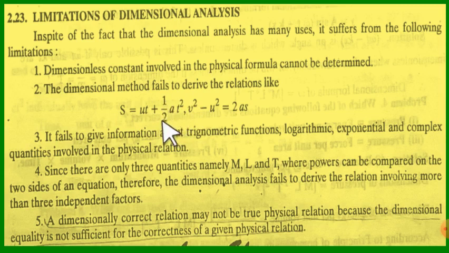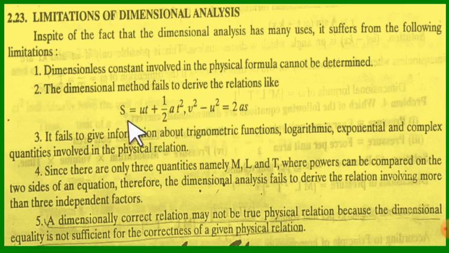Instead of this half, if you are having 2 also, dimensionally it will be correct. So we can't say whether the dimensionless constant involved in the physical formula is correct or not. The dimensional method fails to derive the relation like s is equal to ut plus half at square. Those formulas which have constants, we cannot derive.